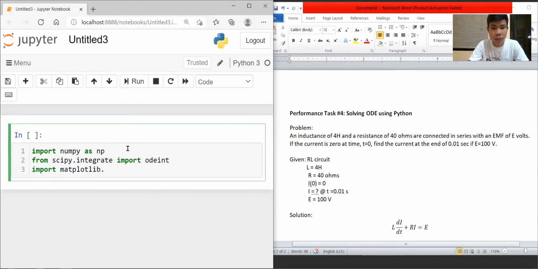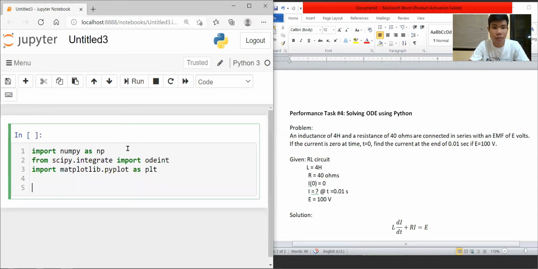This is for our graph representation para sa ating solution, para makikita natin yung relationship between our time and the current. Kung anong nangyayari sa current as the time increases. So yan yung magpapakita ng ating graph representation.